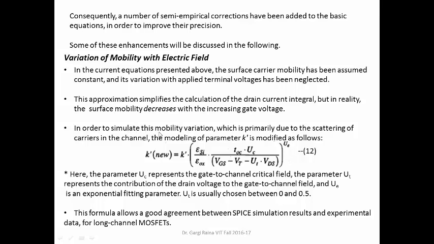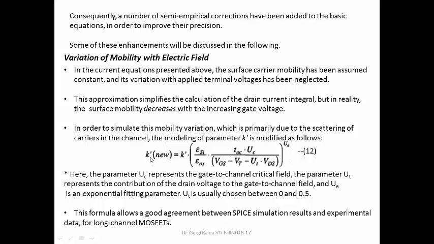So in order to simulate this mobility variation, and why do you get the mobility variation? This arises due to the scattering of the carriers in the channel. The modeling of the parameter K prime is modified then as given in this equation.